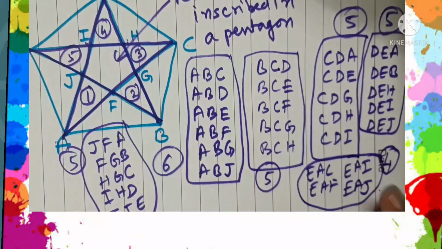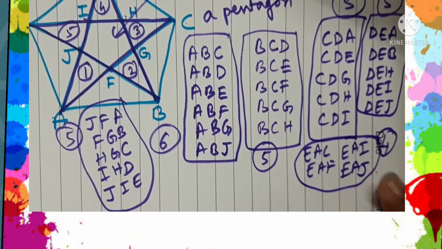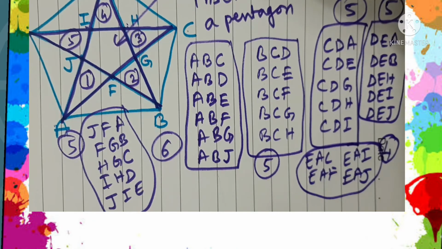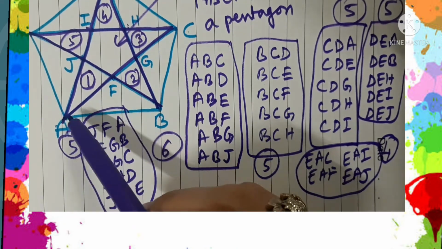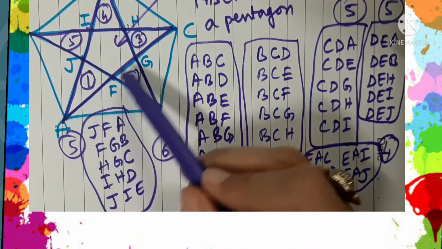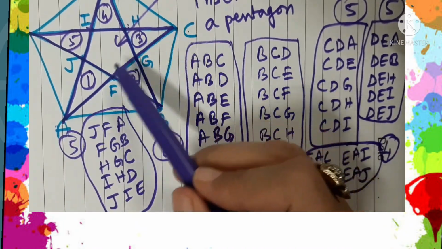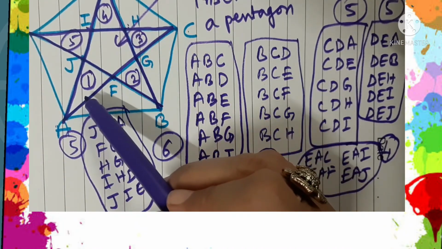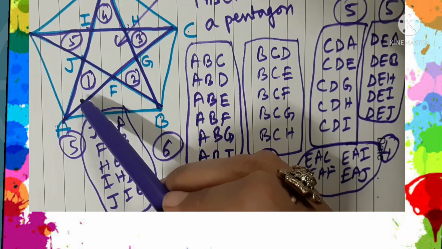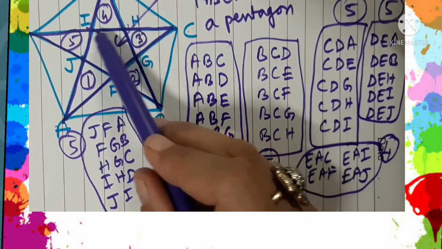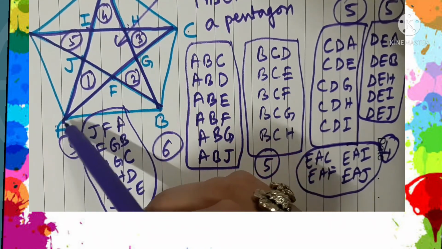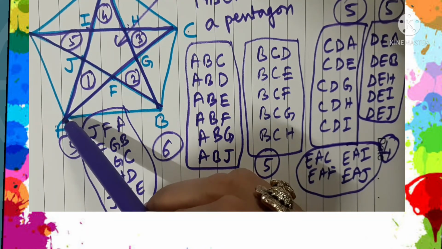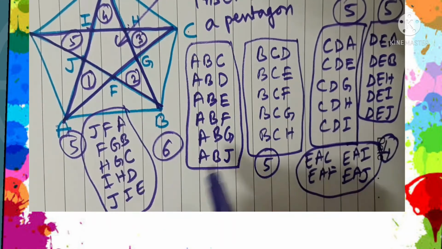And finally, we will try to see if we get more triangles. Let us see. This is with the base AC, and one of the vertices we will choose from the pentagon in the interior. So this is possible: ACI.